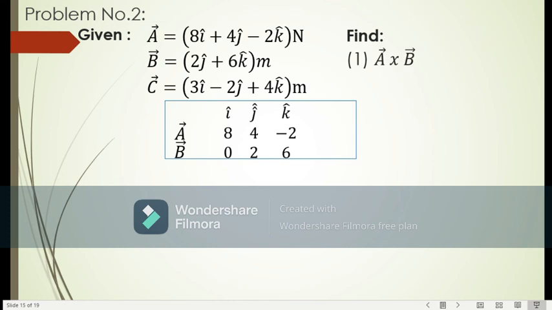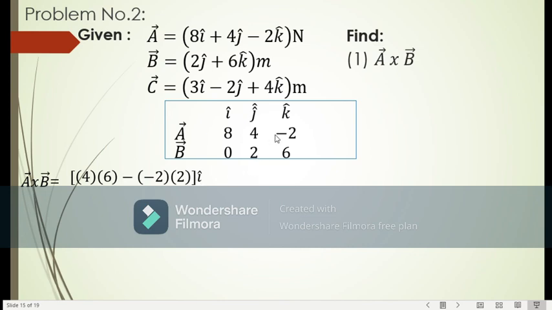So let's start now multiplying the components. Let's start with J cross K. So that is 4 times 6 minus negative 2 times 2. Direction is I hat.